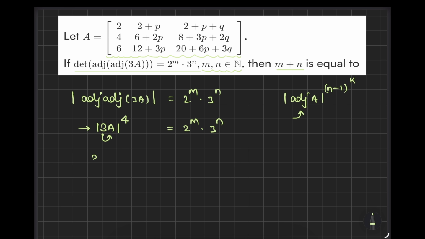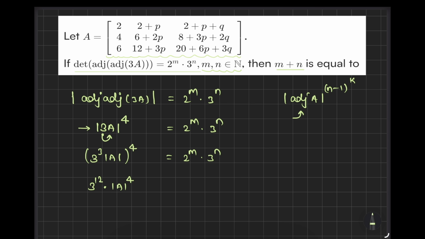So can I say that we have to take 3 common from all 3 rows? So 3 power 3, determinant A, whole power 4, equals 2 power m, 3 power n. So can I say that it is 3 power 12 and determinant of A power 4?